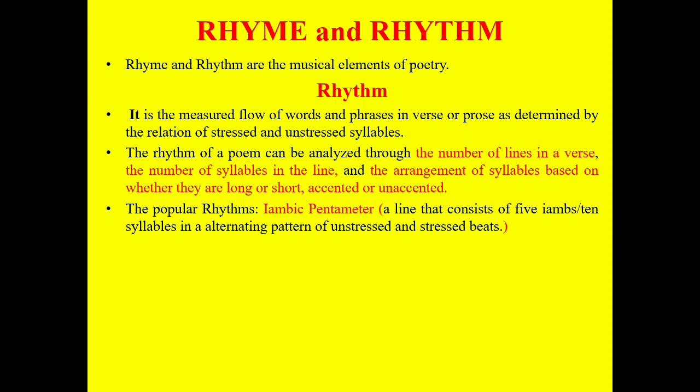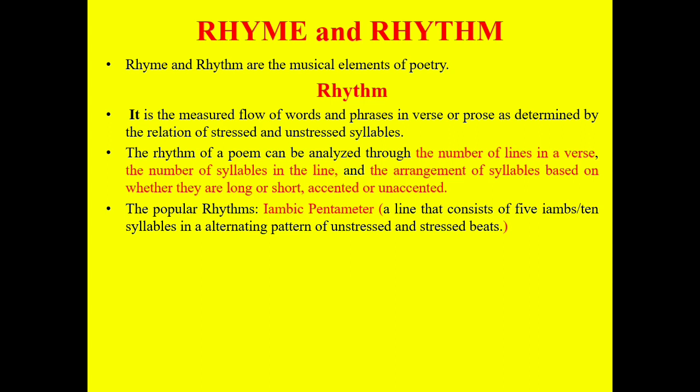It is one kind of rhythm, a line that consists of 5 iambs, or 10 syllables in an alternating pattern of unstressed and stressed beats. Iamb means a disyllabic foot, an unstressed syllable and a stressed syllable, right?